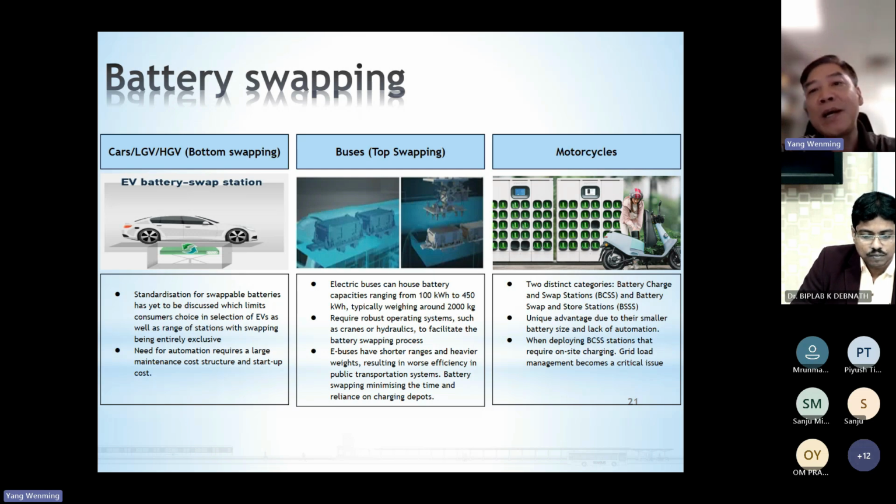Of course, for different classes of vehicles, the battery should be different. For example, for heavy duty vehicles, the battery system should be more powerful, correct? But for light duty vehicles, the battery system should be smaller.